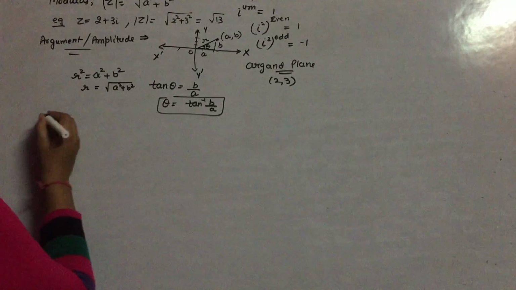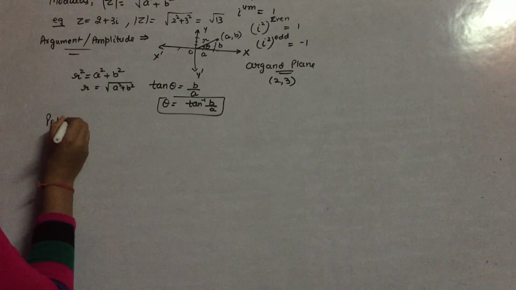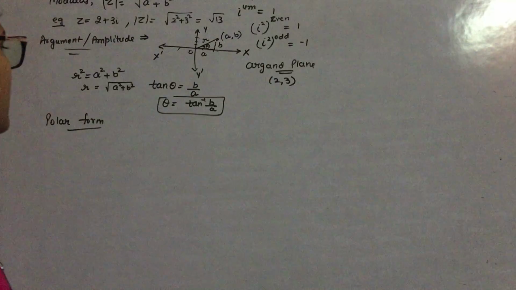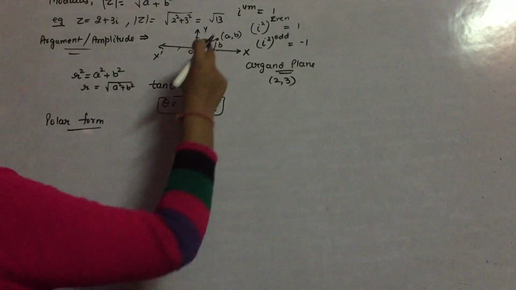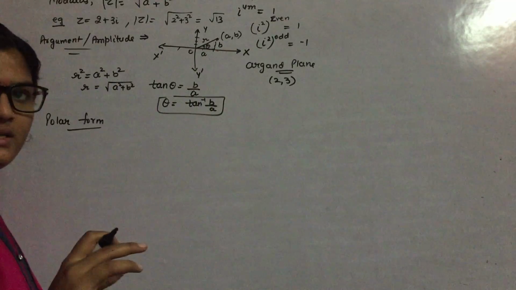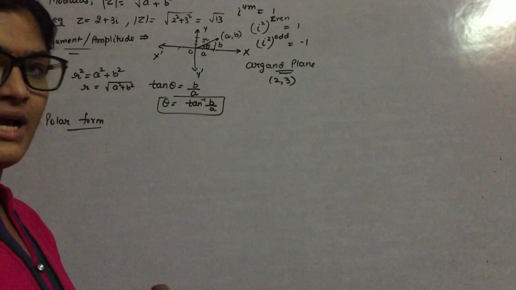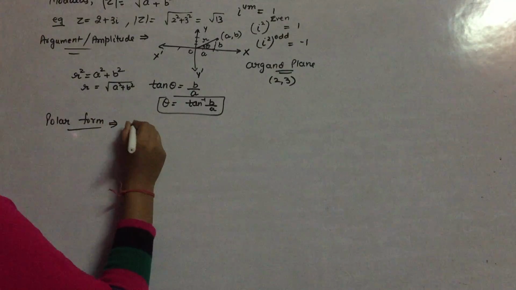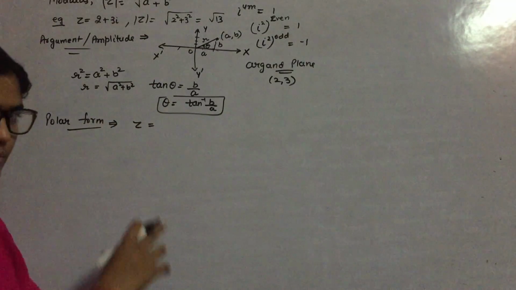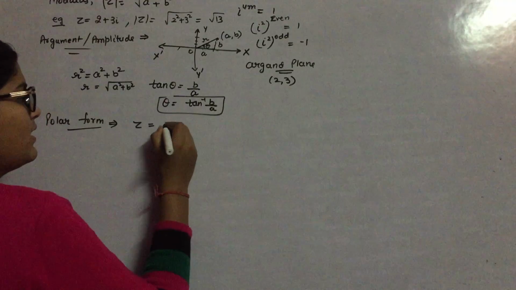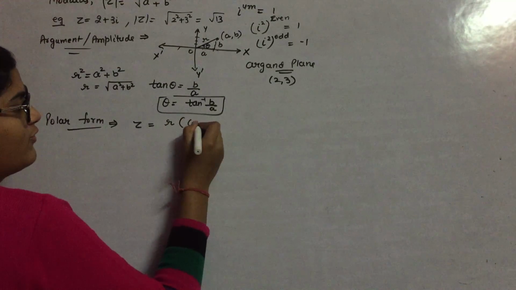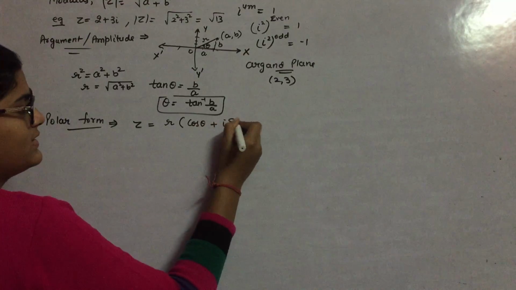Okay? There is another form which is called the polar form. How can you justify it? A polar form is the representation of these coordinates in terms of sine and cos of the angle. The standard polar form of any complex number is given by the magnitude, the modulus, times cos theta plus iota sine theta.